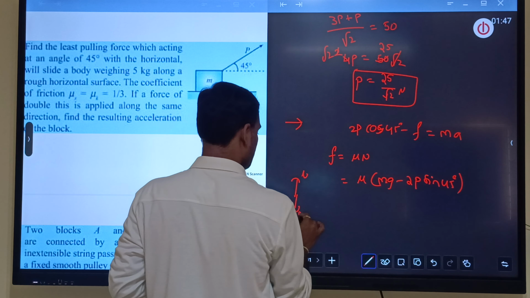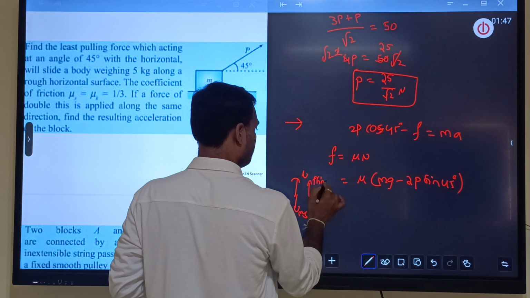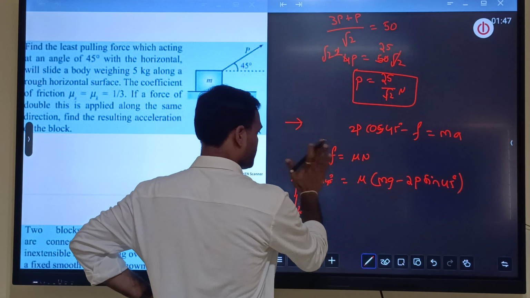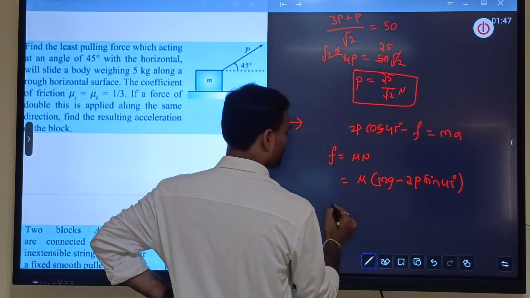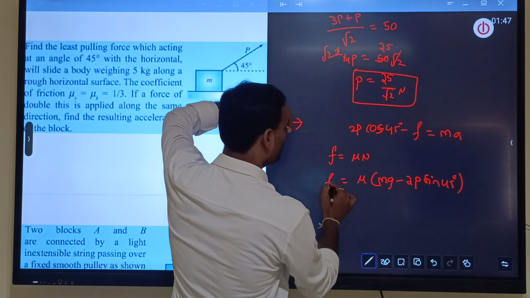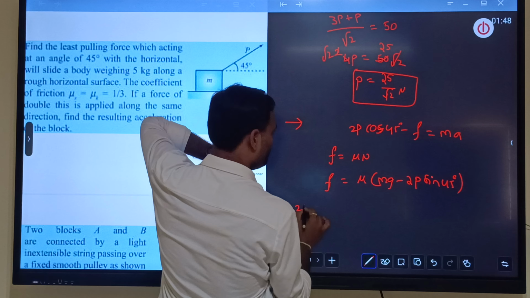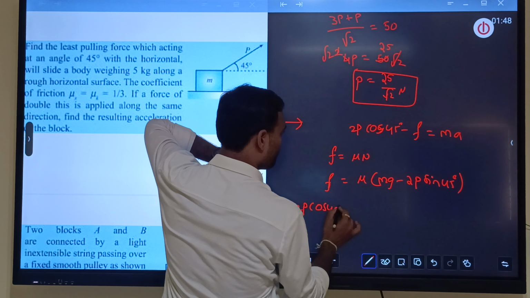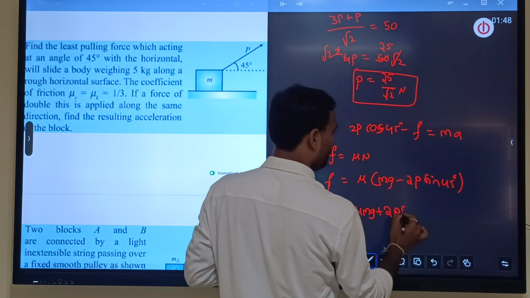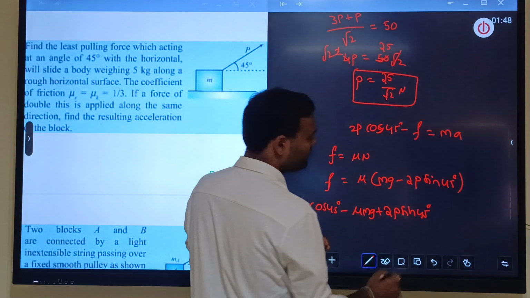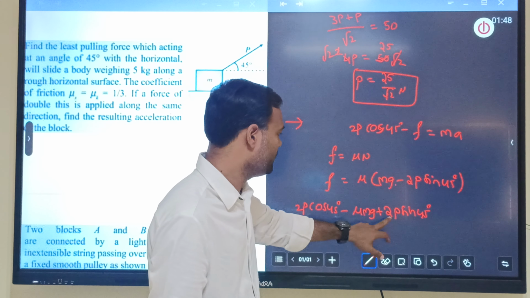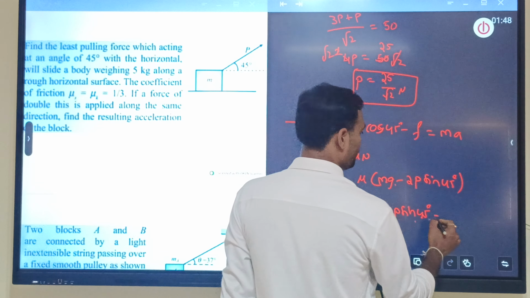It's clear? Very good. Now substituting f in this equation: 2p cos 45 minus mu mg plus 2p sin 45, minus of minus gives plus, is equal to ma.